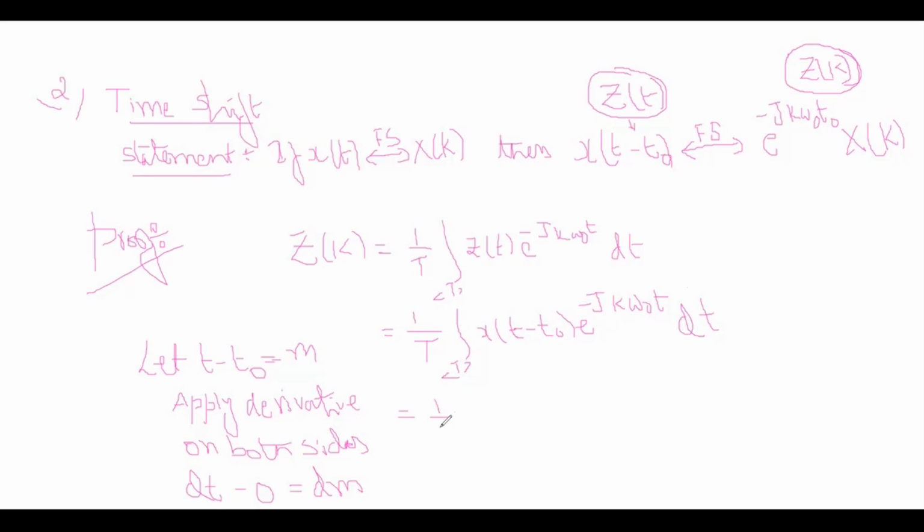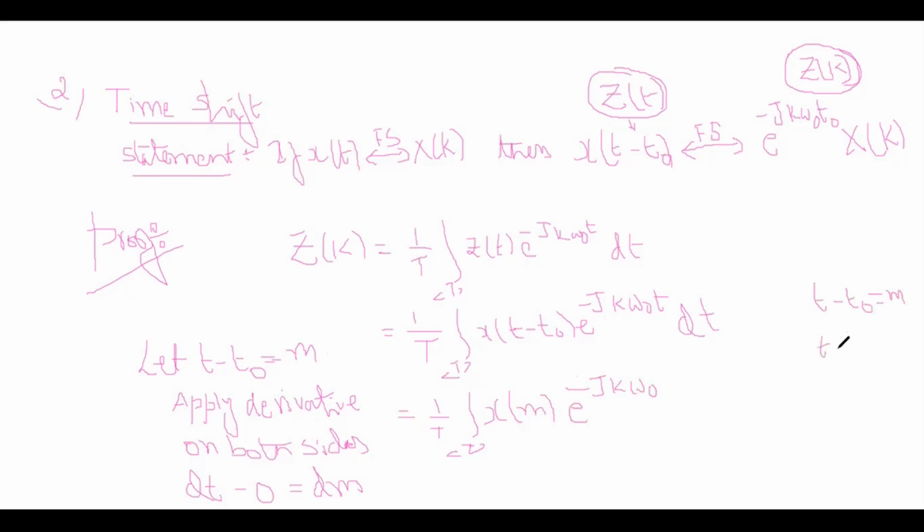So I'm taking the same thing, 1 by T the integral over the limits of x of m, where t minus t naught is m, e power minus jk omega naught, and what is the t here? t minus t naught is equal to m.